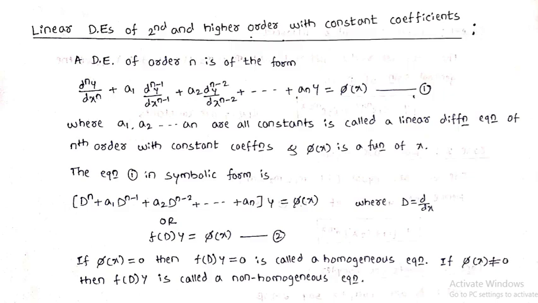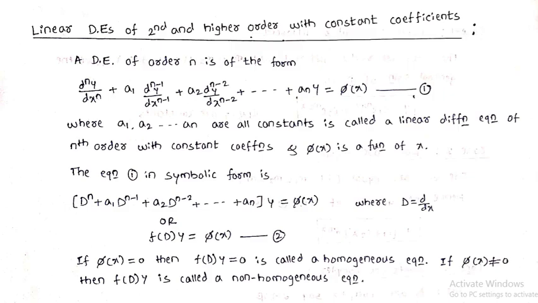Call this equation number 1. In this equation, a1, a2, a3, up to an are called constants, and this equation is called a linear differential equation of nth order with constant coefficients. Here phi(x) is a function of x.